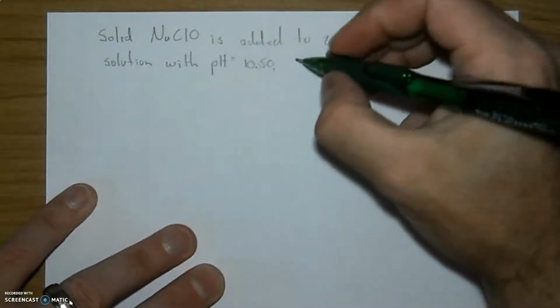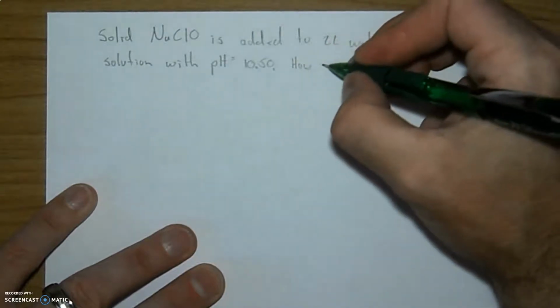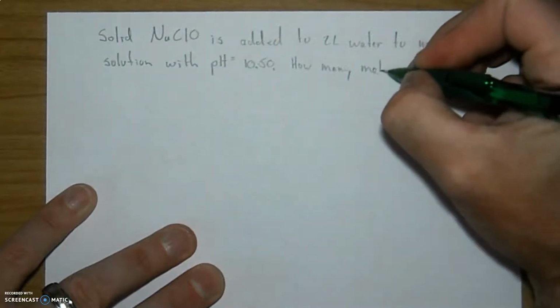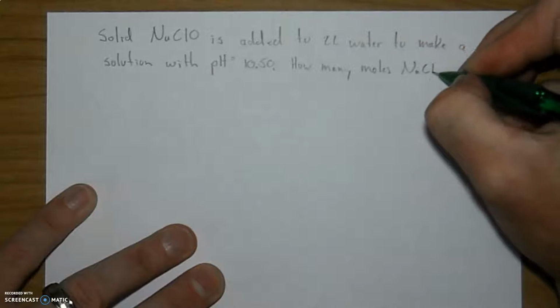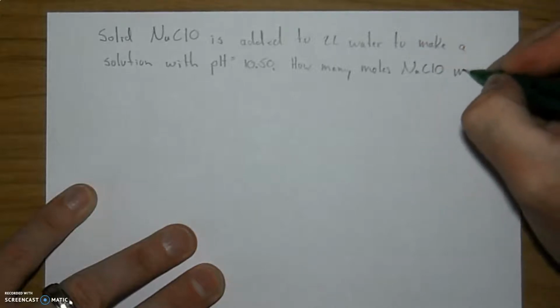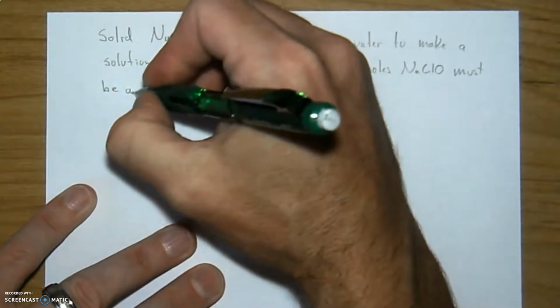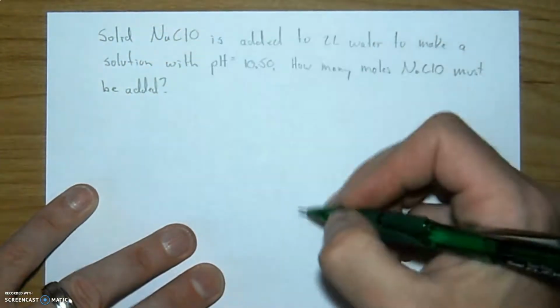The question is, or part of the question anyways, is how many moles of sodium hypochlorite must be added to make this true. I'm not going to write that part in.